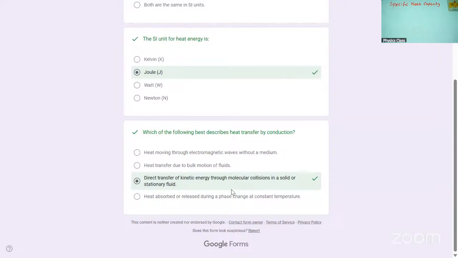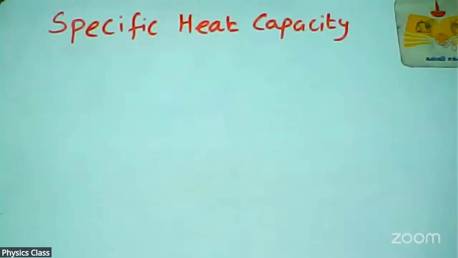In a solid, there are millions of molecules. If you heat that substance, it will get energy and their vibrations become high. So direct transfer of kinetic energy through molecular collision in a solid is the correct answer.